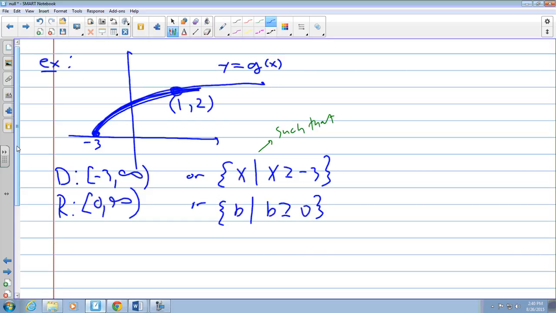So I can ask you, what do you think g of -3 equals? 0. Because you're looking for the y value, really, right? So you say, okay, x is -3. What's the y value? 0. At the same time, I can ask you, what is g of 1? And you will say 2. Because the function value is the y value on the graph. Is that okay?